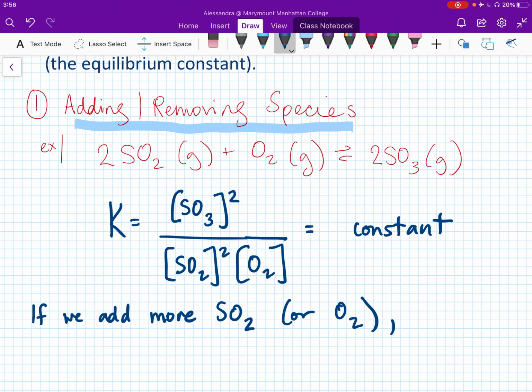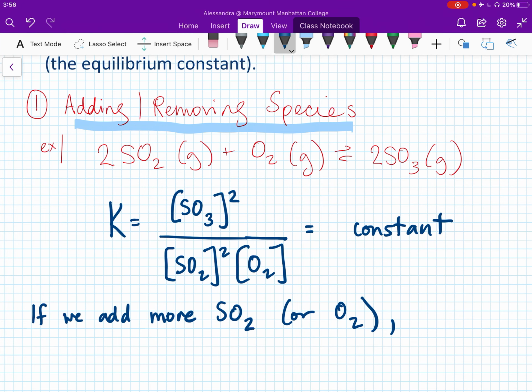So the reaction will automatically start pushing to create more products so that it can rebalance. If we add more O2 or SO2, the reaction will proceed further to the right, further forward to make more SO3 so that K can be maintained. I hope that makes sense.